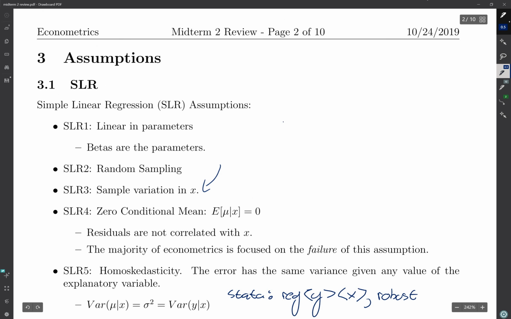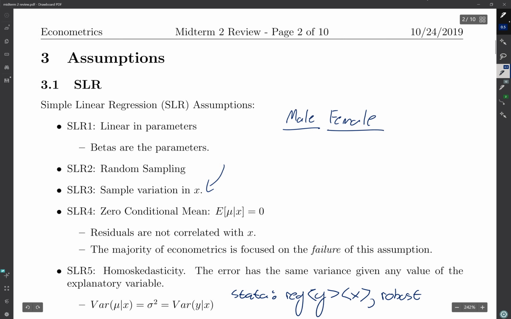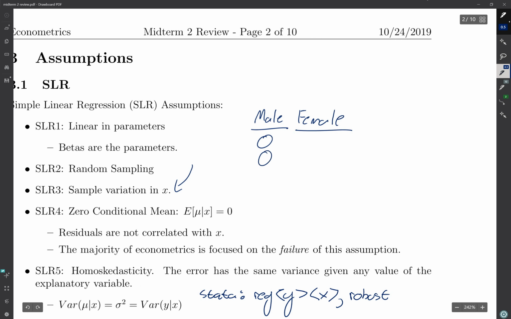So let's say we had male and female, and these are the only groups that we have in our data set. And so you're either male in this data set or you're female, and so you're ones if you are that group and zeros otherwise.